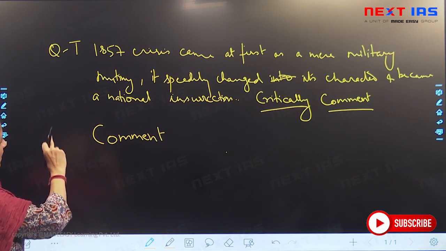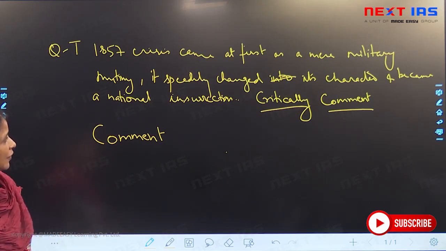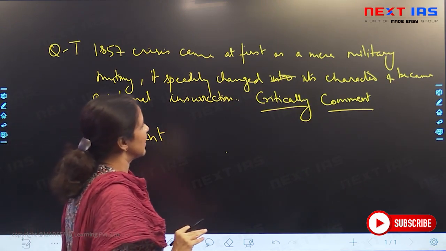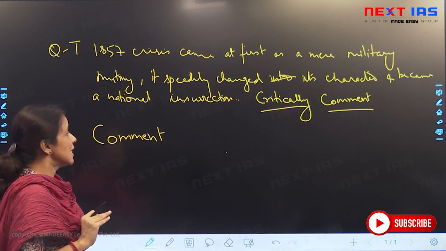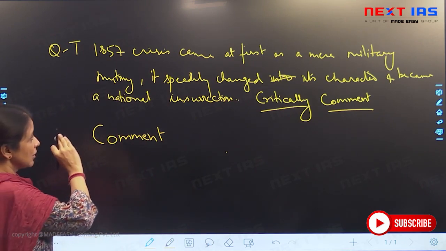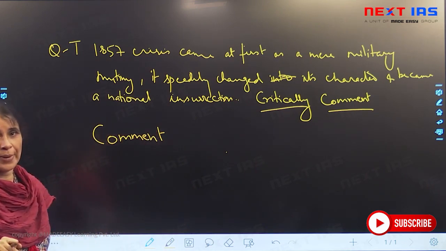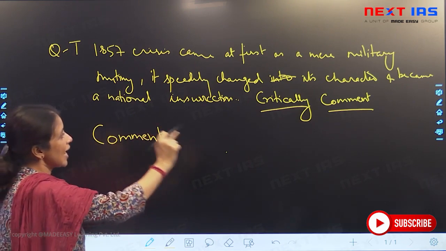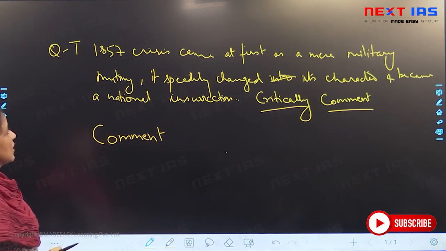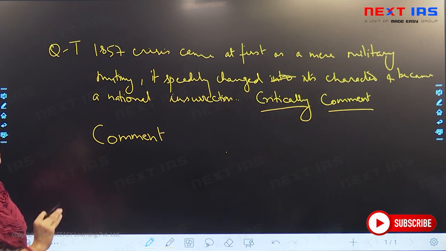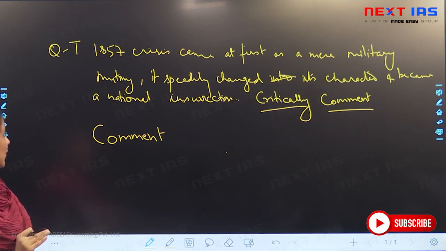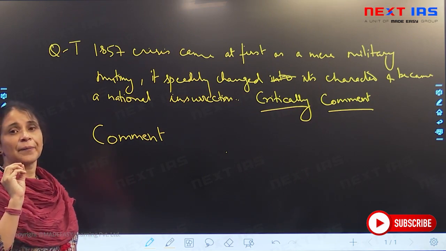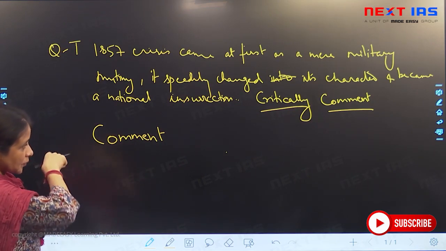Comment. Like, the 1857 crisis came at first as a mere military mutiny. It speedily changed its character and became a national insurrection. So this is the statement. You have to comment. If you say yes, it happened like this, yes, the 1857 crisis was initially just a military mutiny, but later on it became a national revolt.